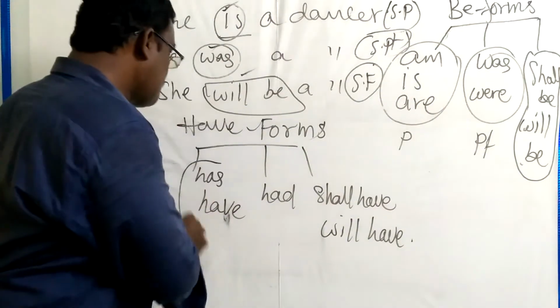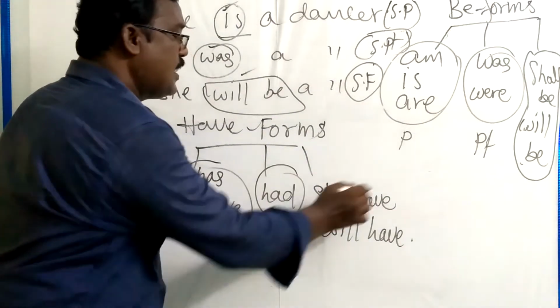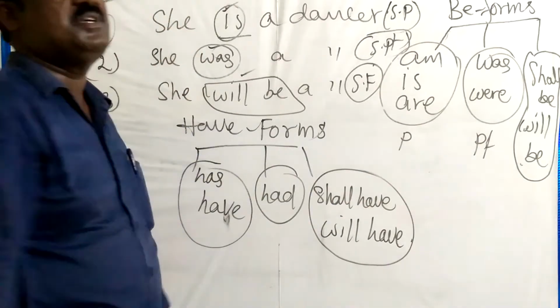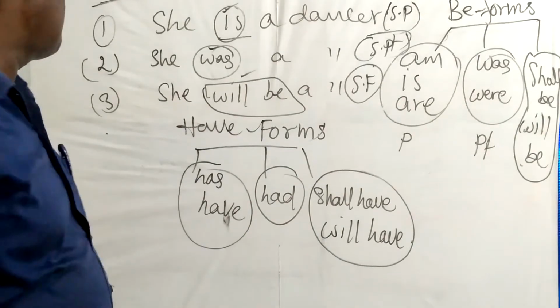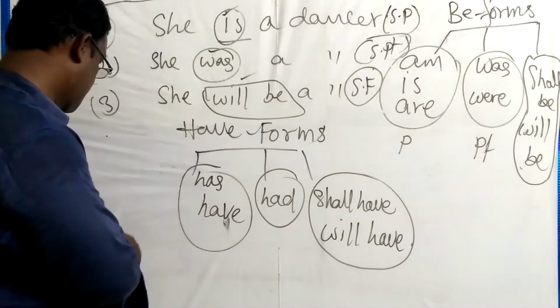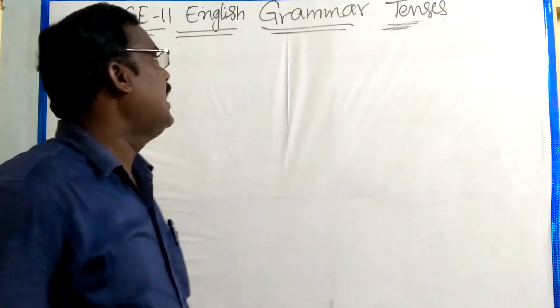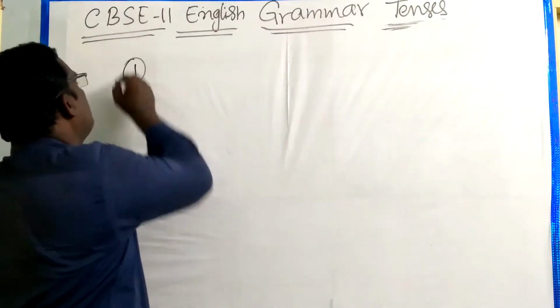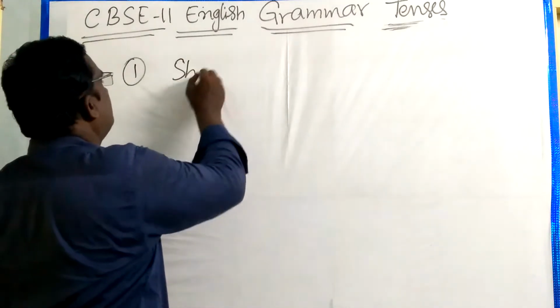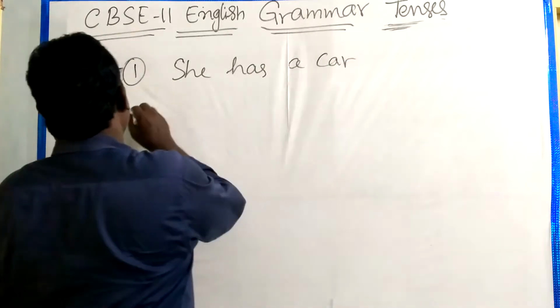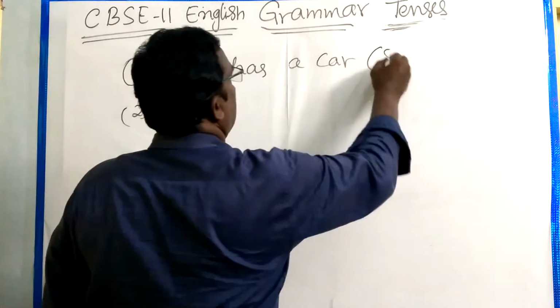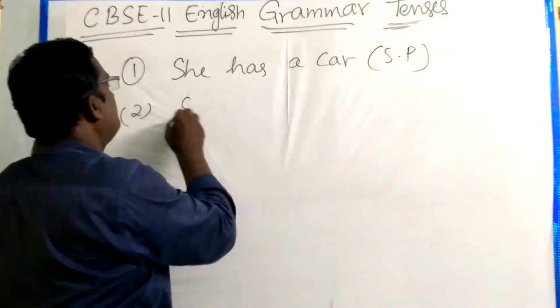Now have forms are used to express the position. Position means ownership of the subject. For example, she has a car, simple present.